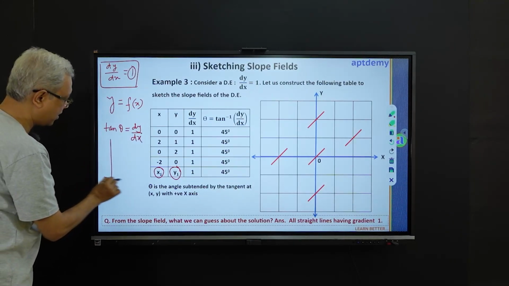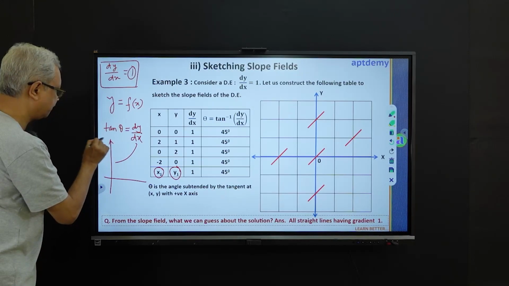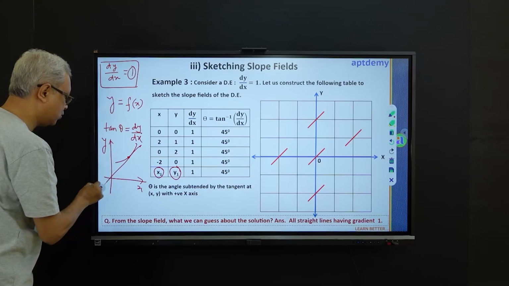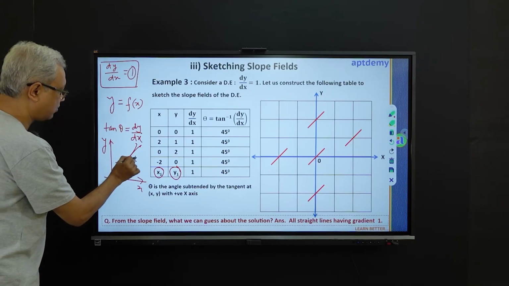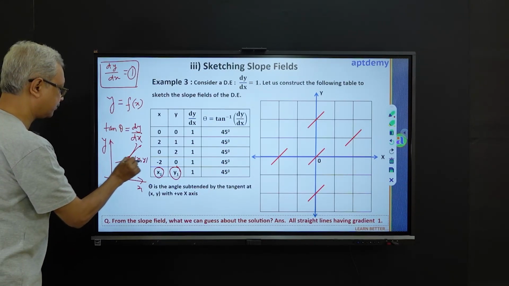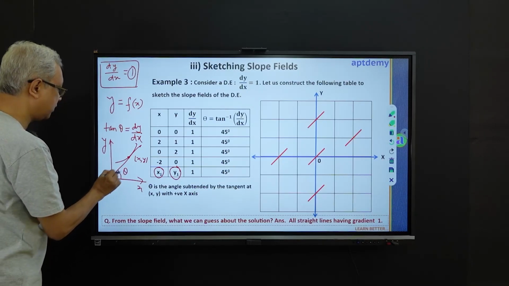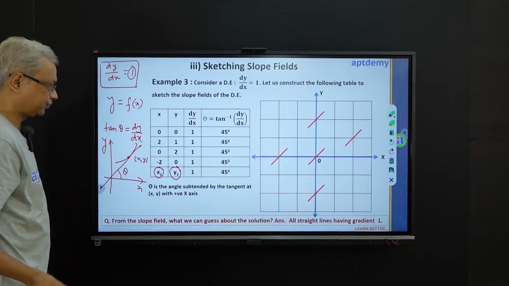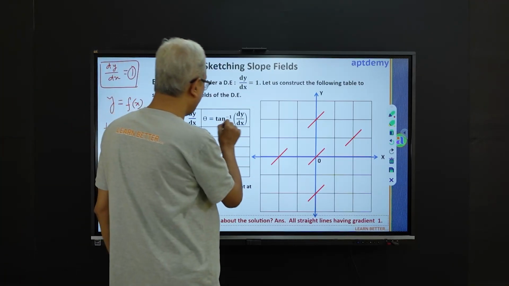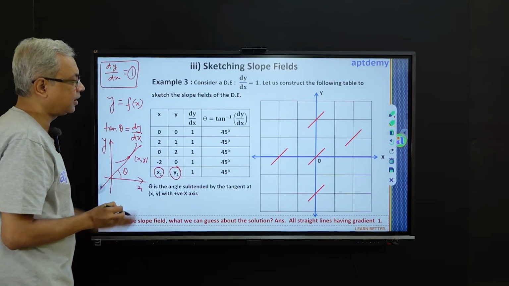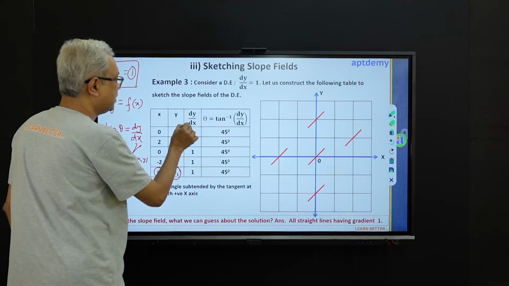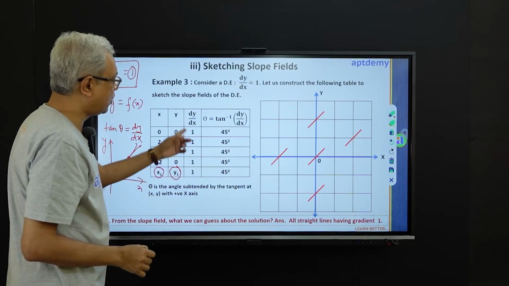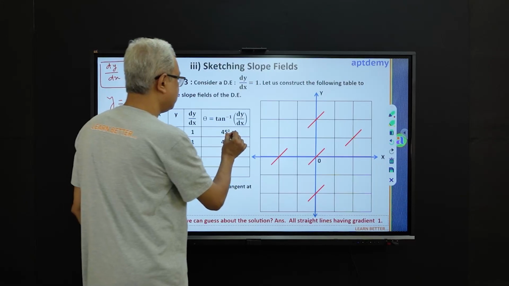So if y equal to f(x) is the solution, then at the point (x, y), if we draw the tangent, then tan theta is actually dy/dx computed at the point (x, y). So it indicates at all points the tangent is making an angle of 45 degrees. dy/dx is equal to tan theta, so theta is tan inverse of dy/dx. Since dy/dx is 1 everywhere, theta is 45 degrees everywhere.